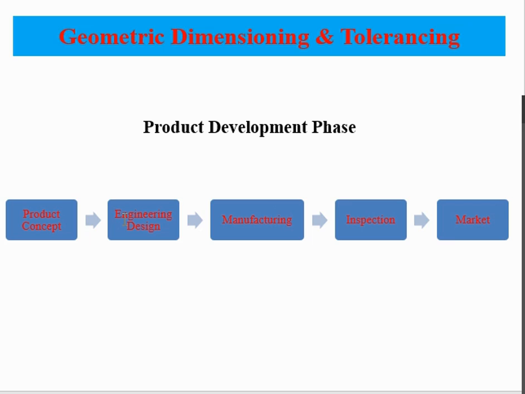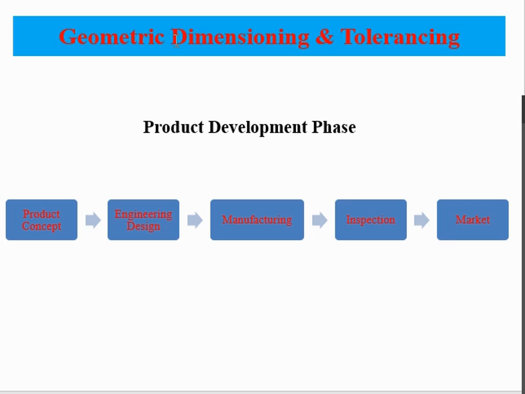From a manufacturing point of view, when the product is mass manufactured, it is very difficult to manufacture the product all the time with correct dimensions and correct shape. So to avoid this, we give tolerances on geometry and tolerances on dimensions, which we call GD&T.